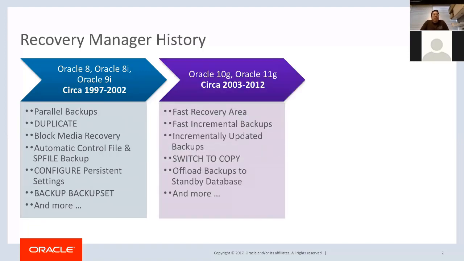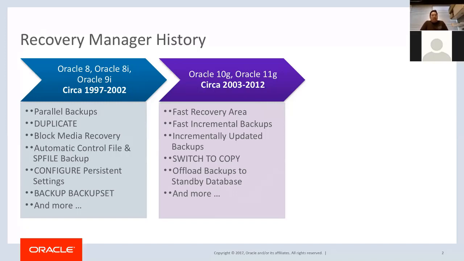Moving on to 10g and 11g in the mid-2000s, we have the fast recovery area, fast incremental backups, and incrementally updated backups. The incrementally updated backups is a mechanism to take an image copy to a disk backup location and then take your incrementals thereafter to essentially update, or roll forward, those image copies.